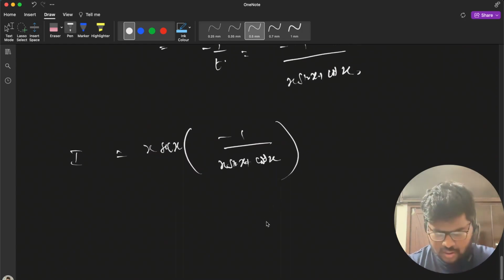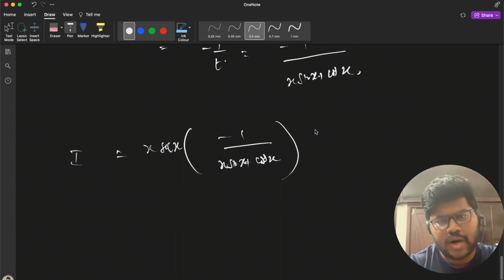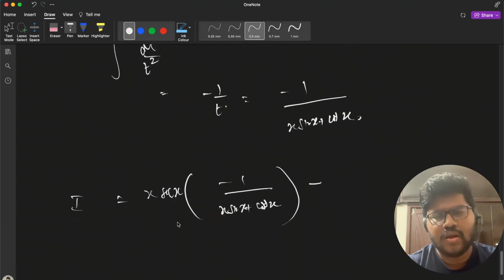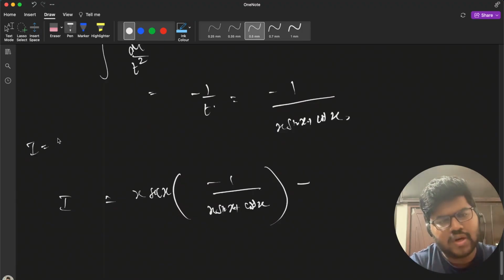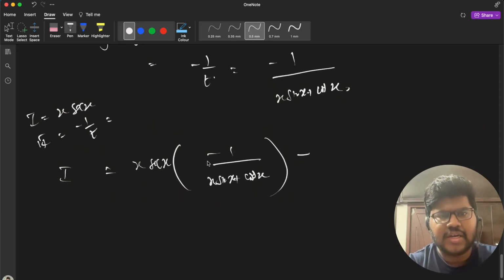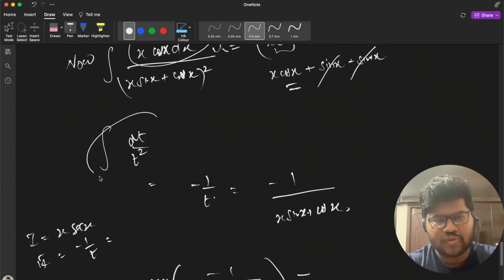So now this is the first part. We have taken the first function as x sec x and the second function as minus 1 upon t, right? So this is the first function. Second function's integration we have done already, dt by t square, right?